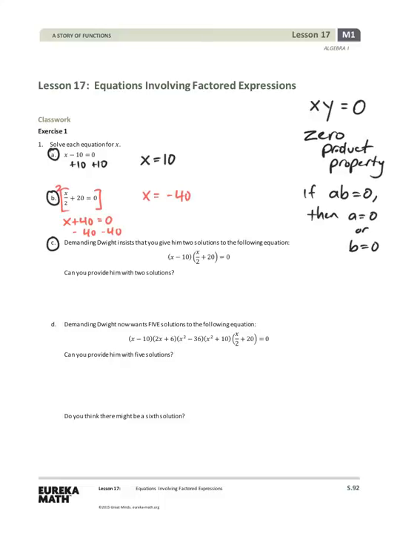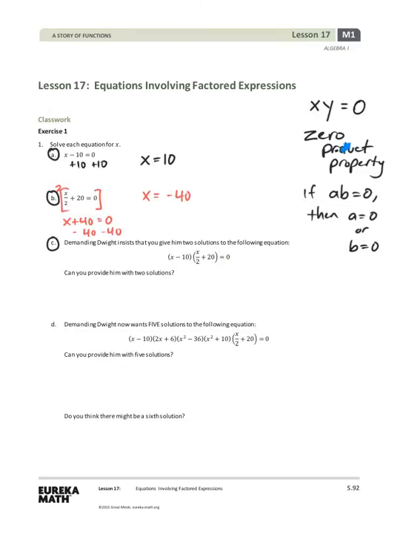So, that being said, we can look at this next part C. It says, demanding Dwight insists that you give him two solutions to the following equation. I want you to notice that I have both of these equations up here, x minus 10 equals 0, x over 2 plus 20 equals 0. Both of those were set equal to 0, and then we solved them. Those two same expressions are right here, and when I multiplied them together, I got 0.